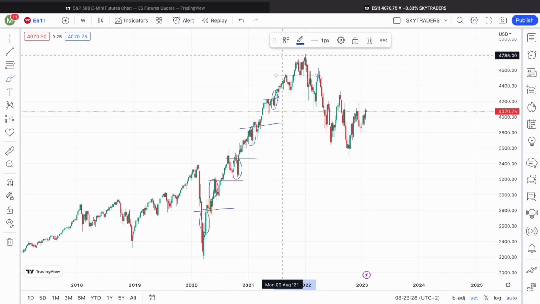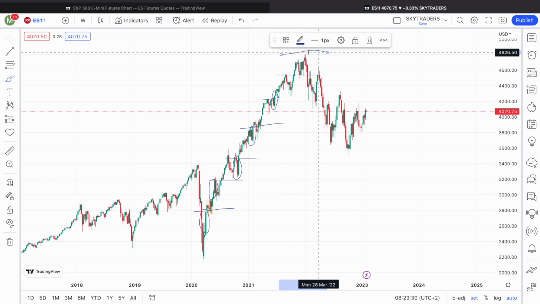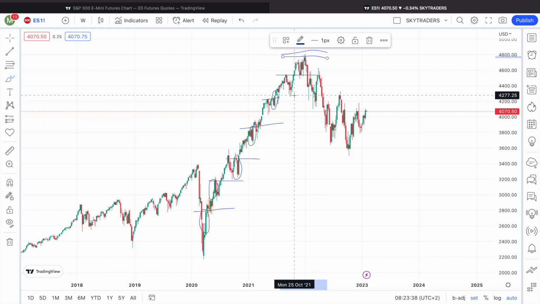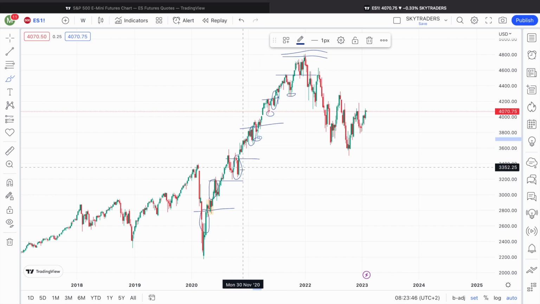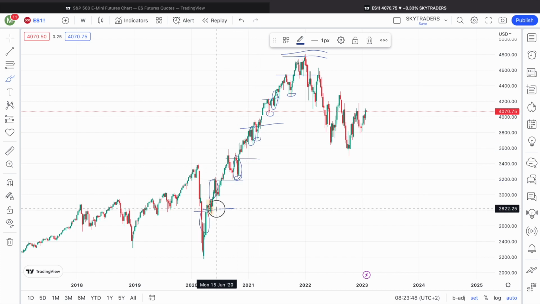And then starting from the bear market, we expect a reversal. So all of the previous higher lows turn out to be liquidity hunts that the market is trying to target, right?